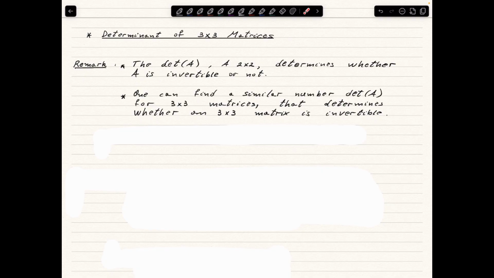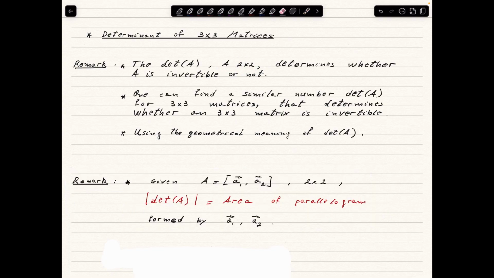And one way to find this number is to use the geometrical meaning of the determinant for 2 by 2 matrices. We haven't discussed that, but actually the determinant of a 2 by 2 matrix has a geometrical meaning, and it's this.